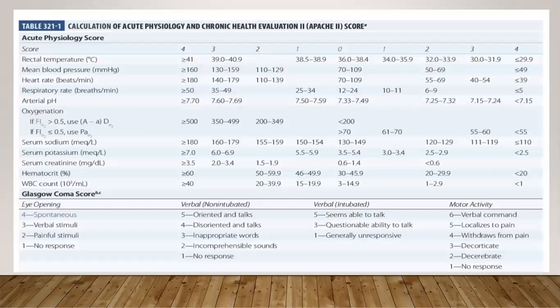Here is an image or a table of the APACHE 2 score. As you can see, the 12 physiologic variables are the temperature, the mean blood pressure, the heart rate, respiratory rate, the pH, the level of oxygen, serum sodium, potassium, creatinine, as well as your hematocrit, and the WBC count.